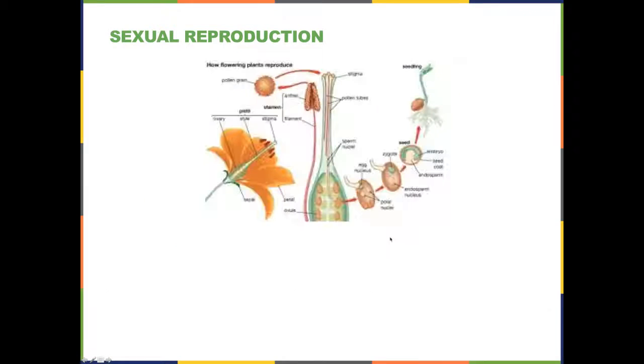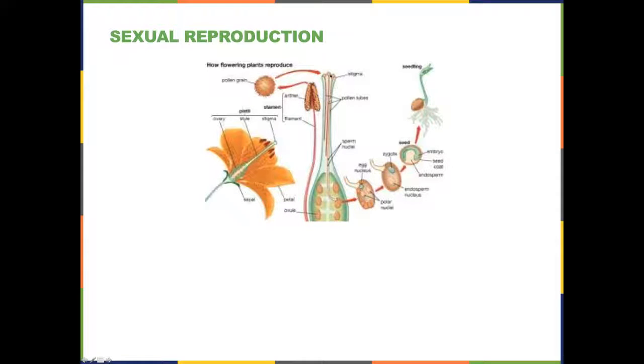So let's look at what happens when pollination occurs. This is pollination. You start out with pollen from the anther here, and it moves or gets transported over to the stigma of the carpel. And when that occurs, the pollen forms what's called a pollen tube. The pollen tube reaches down.